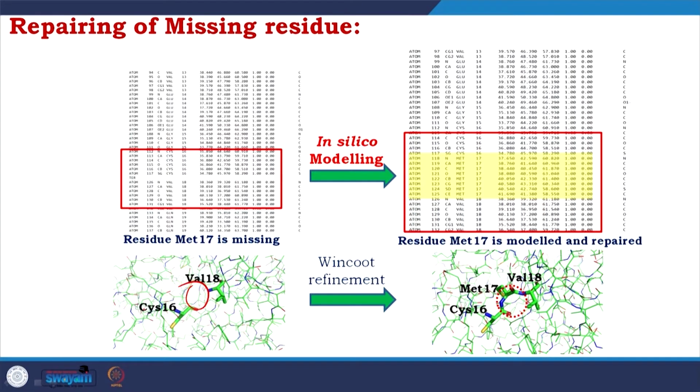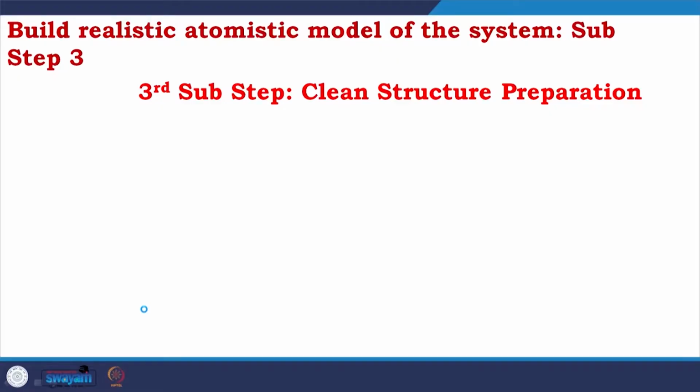So, this is called repairing of missing residue. In such a way, there is a lot of repairing, and it is always important to take a very careful look at your structure, so that the initial structure you are making is really flawless.